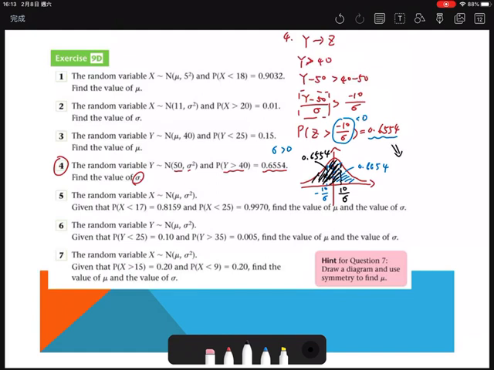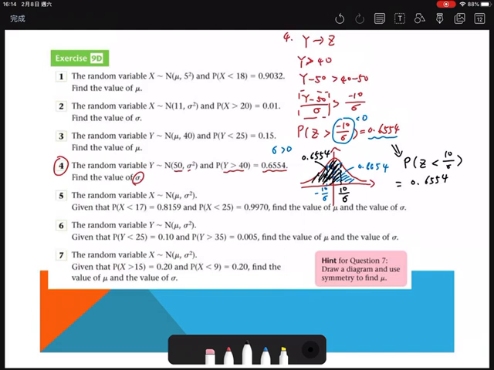So it means that the probability of Z smaller than positive 10 over sigma is 0.6554. Then we can use the table to find the corresponding value for 10 over sigma.